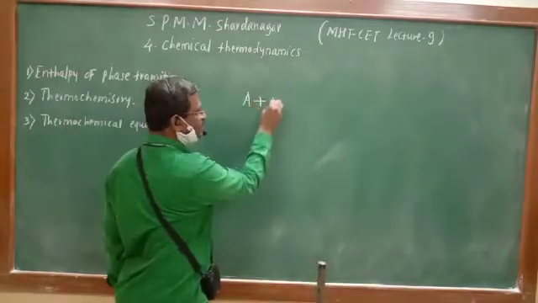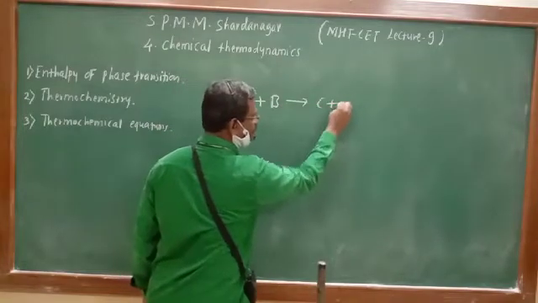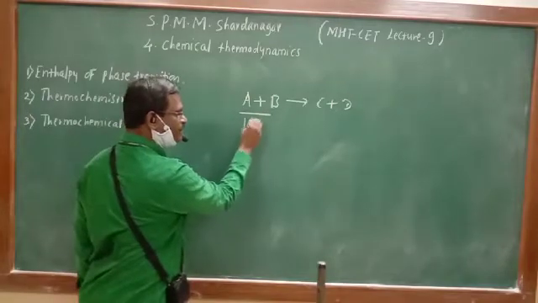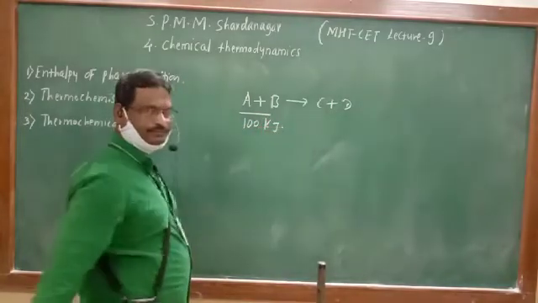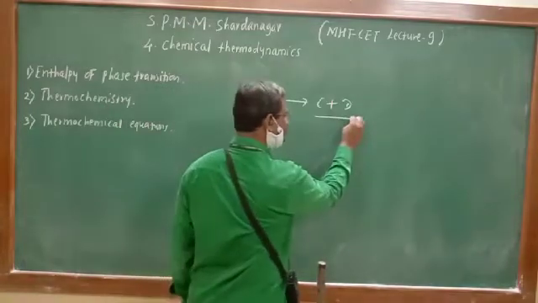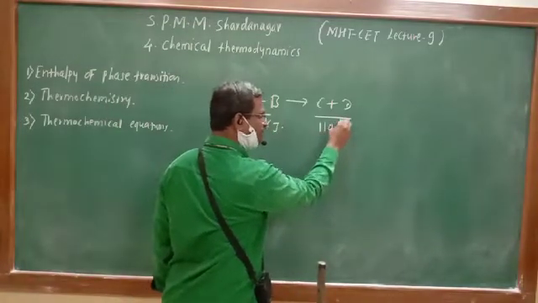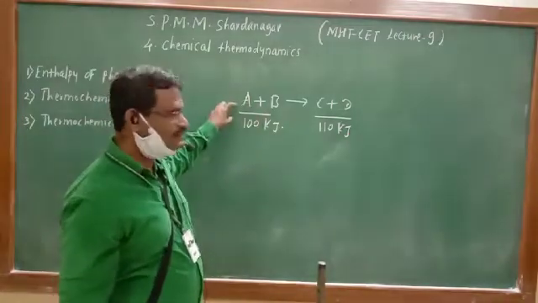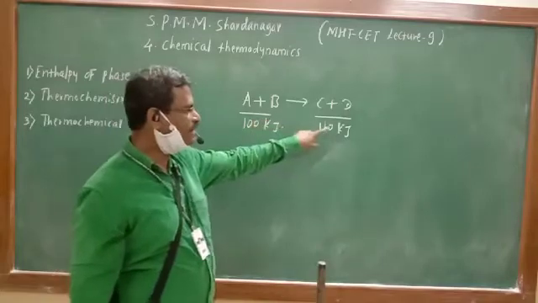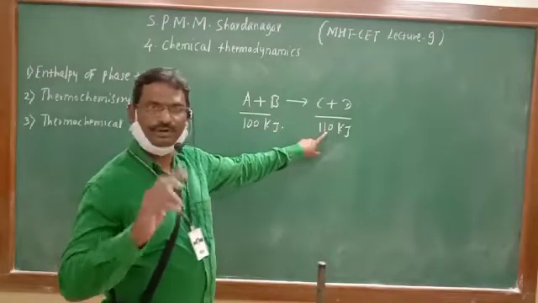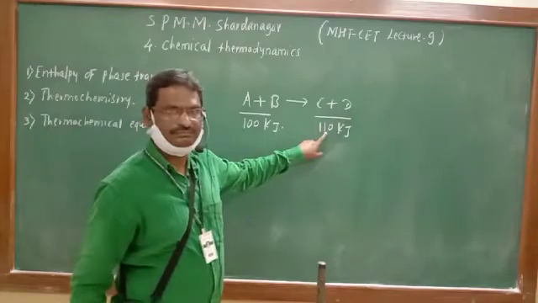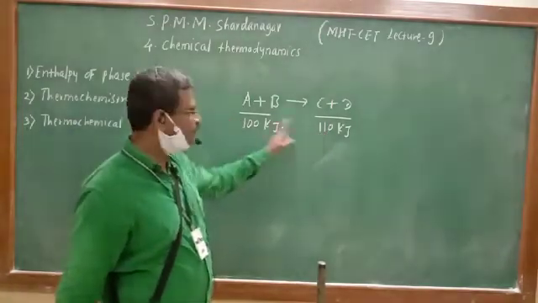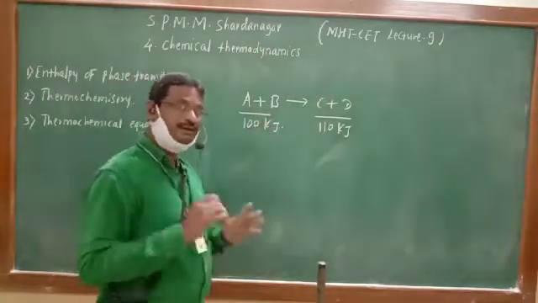Suppose we have the general reaction A plus B giving C plus D. If the two reactants have energy 100 kilojoule, and C plus D, the products, have energy 110 kilojoule, what happens? Reactants have less energy and they are converted to products, which have greater energy. 100 and 110 means the reactants have absorbed heat.